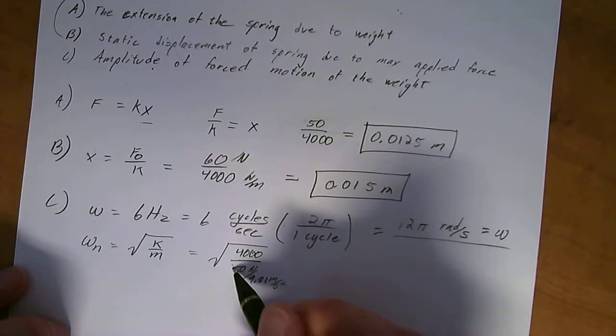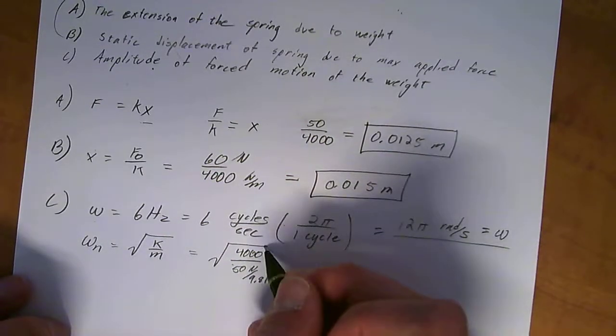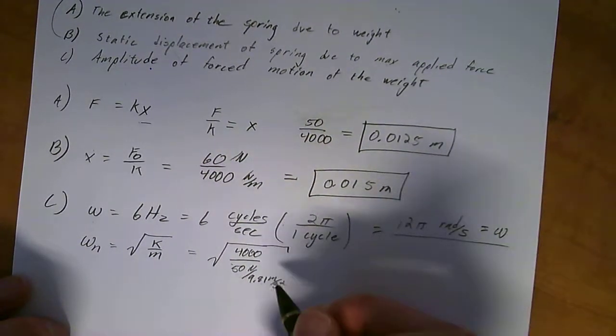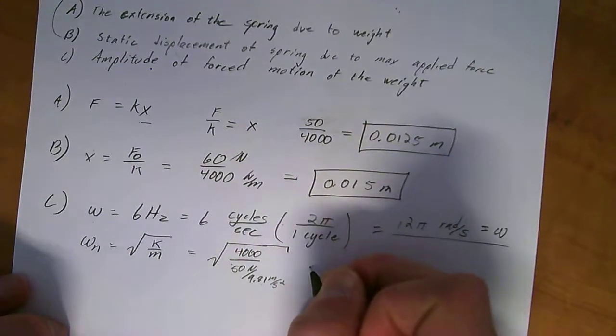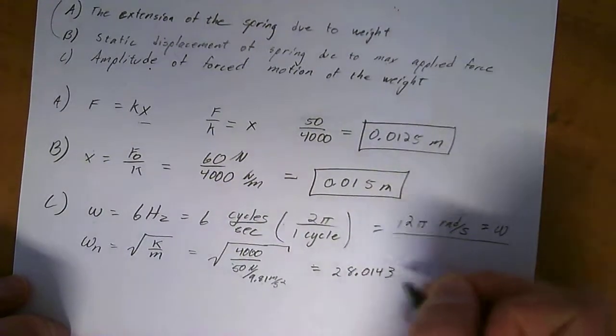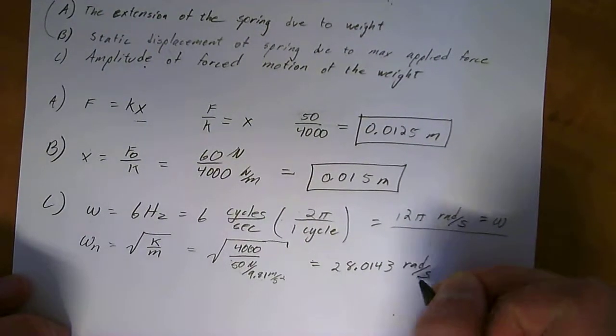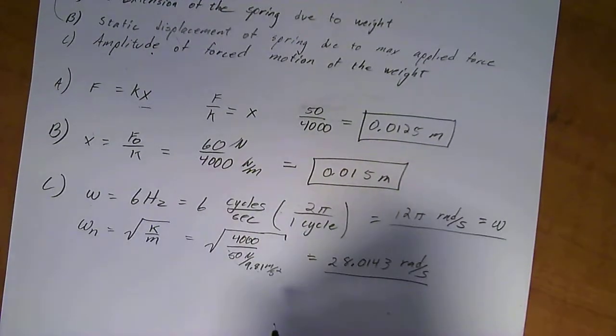This is basically the mass, by taking the weight and dividing it by the acceleration of gravity. And if you solve that out, you'll get 28.0143 radians per second.